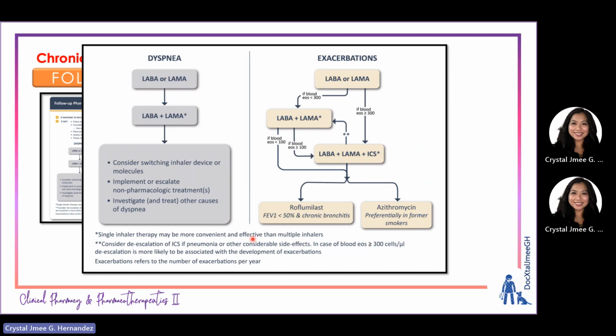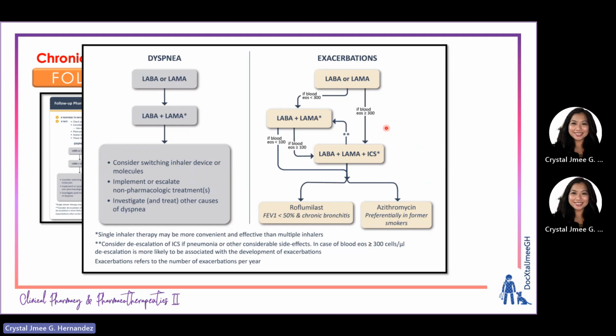And then if it's exacerbation, we consider the use of LABA or LAMA. Again, we consider the levels of eosinophils. The level of eosinophils would warrant the inclusion of the ICS. And then if the forced expiratory volume is less than 50% and the patient has chronic bronchitis, we can consider adding roflumilast.